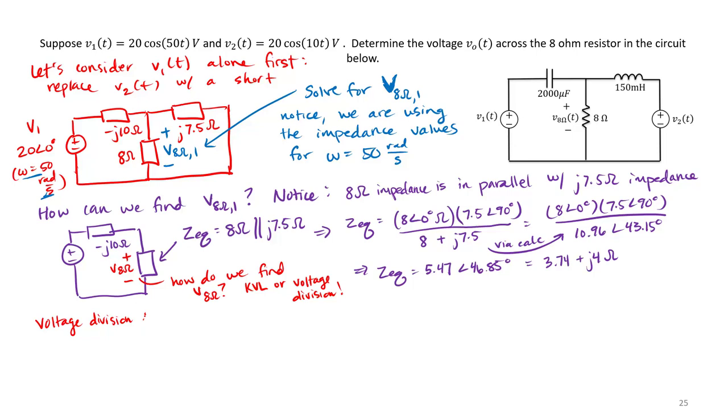We know that the voltage across the 8 ohm resistor is going to equal Z equivalent divided by Z equivalent plus negative J10 ohms times our source, which was 20 angle 0 degrees volts.